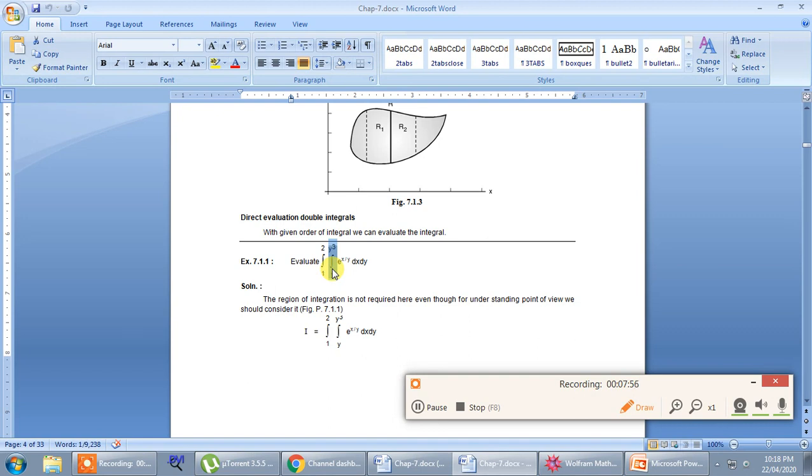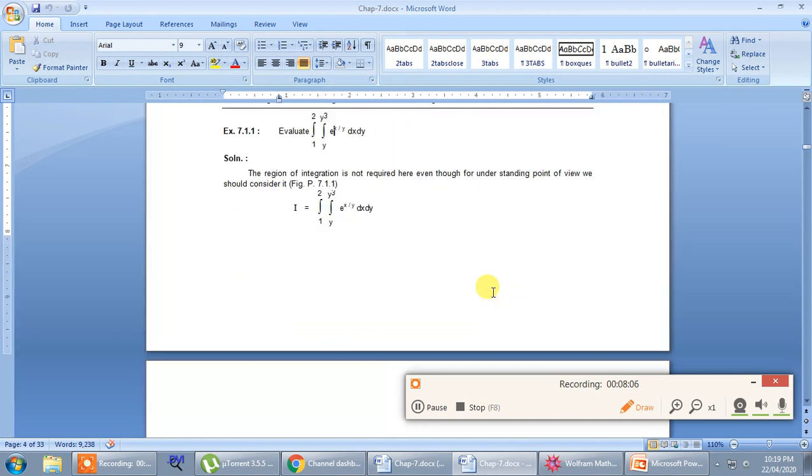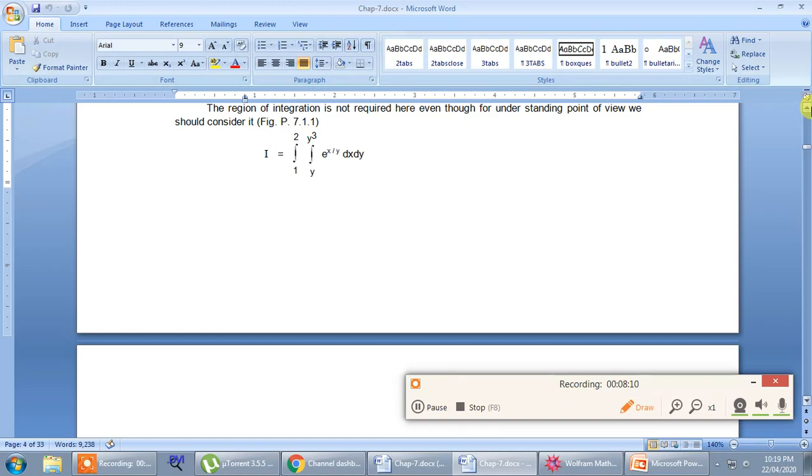If you intend to evaluate any double integration, you first see what the inner integration limit is in terms of. You might have observed that the inner integration limit is in terms of y.